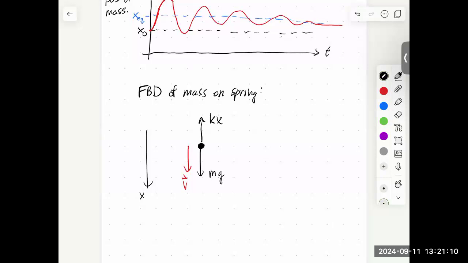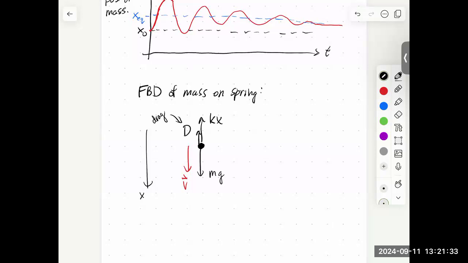What else? There's one more. Yeah, the drag force. And so the drag force is always going to be in the direction opposite of the instantaneous velocity. And so if we happen to choose a velocity down for this diagram, we have a drag force up. Yeah, so there would be buoyancy.